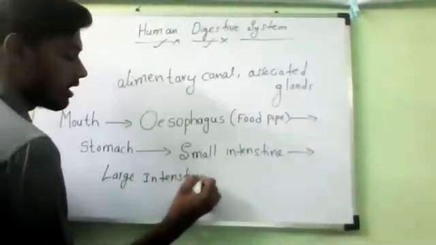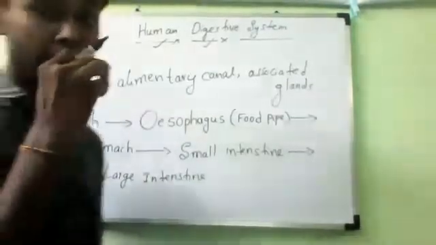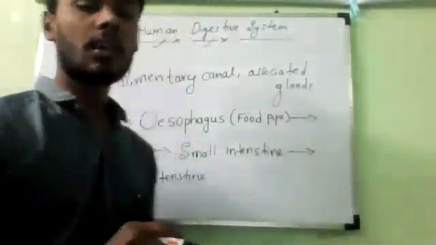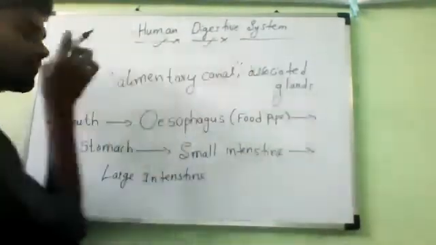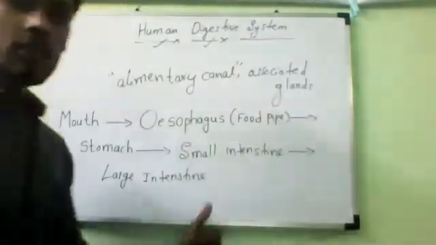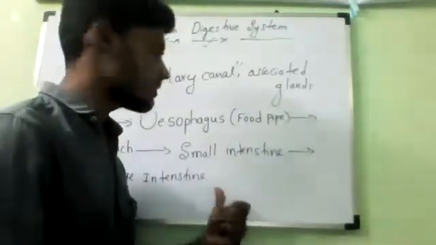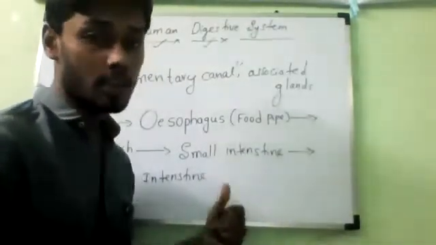These are the organs present in the alimentary canal. Finally, at the end of the large intestine we have the anus.